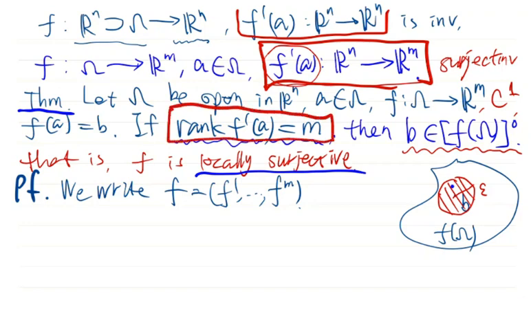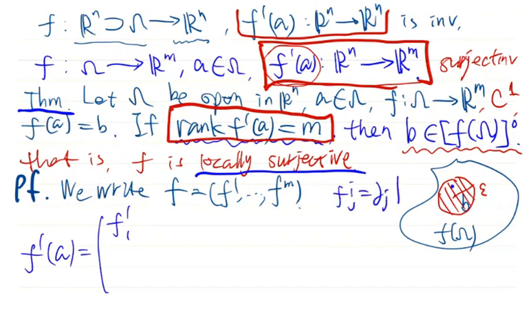So the Jacobian matrix we write here. F prime of A is D1 F1, or we use the simpler notation F11. Fij is Dj Fi.